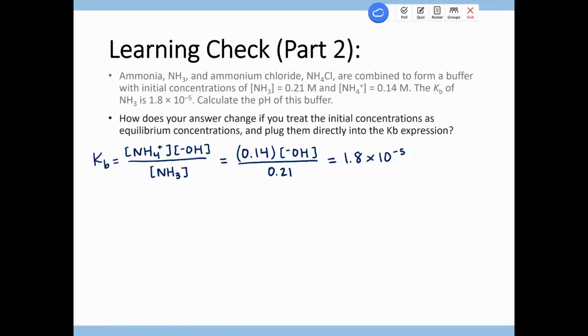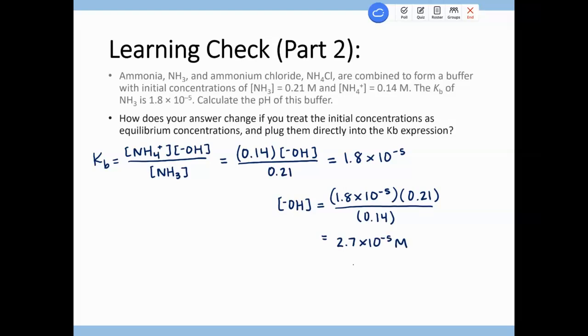If we solve now for OH minus, we get the same concentration as the previous slide.